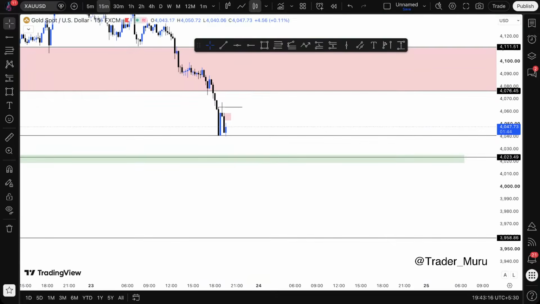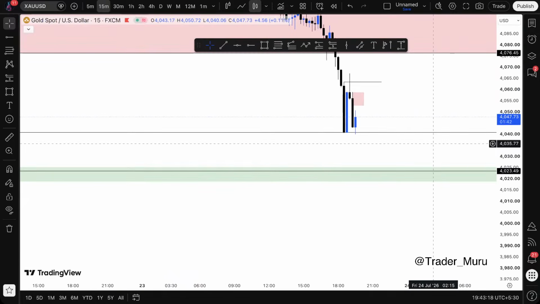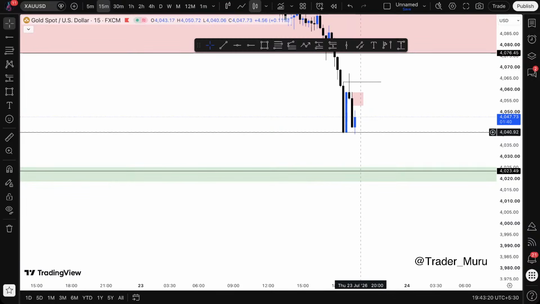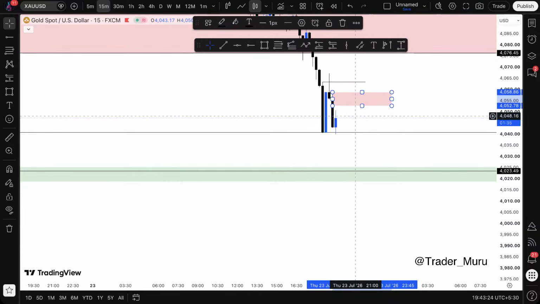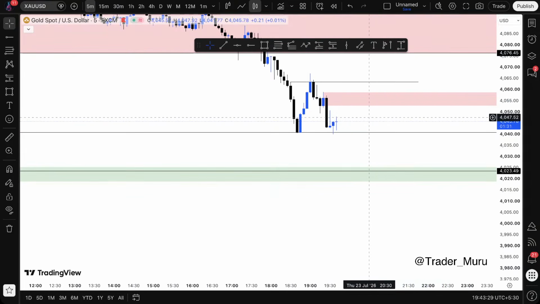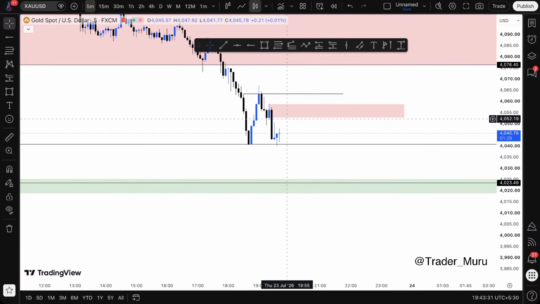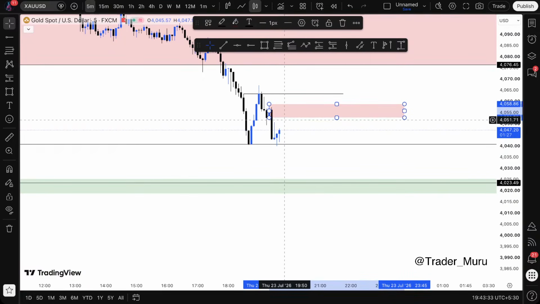See why I told you now our first target is hit. It will bounce a little bit, but if it fails to close above this high, it will drop again. 5-minute is still bearish. If you get this zone, it is still good for entry, but after retest confirmation.